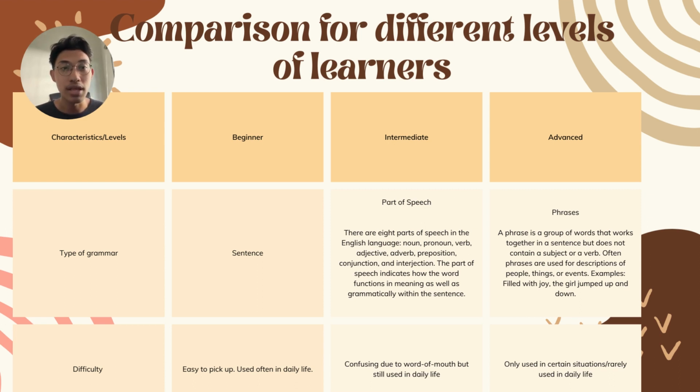One example is: filled with joy, the girl jumped up and down. This phrase is used to describe the people or events. The person is the girl, and the event is that she is being happy, she is filled with joy, she jumped all over the place.